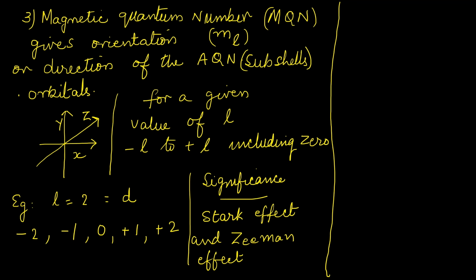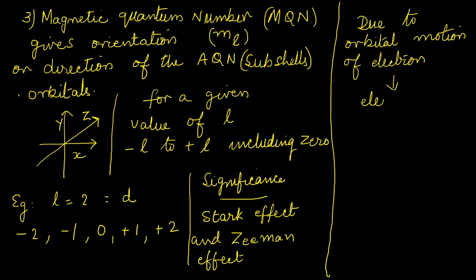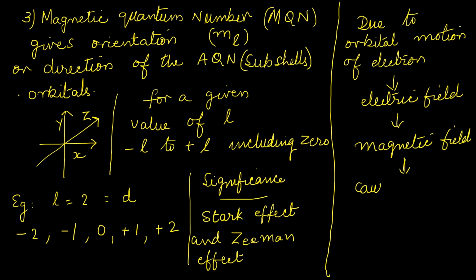Movement of the electron in the principal quantum number, that is the orbit or shell, is called orbital motion. Due to this orbital motion of the electron, an electric field is generated, and this electric field generates a magnetic field which causes the electrons to move in definite orientation.